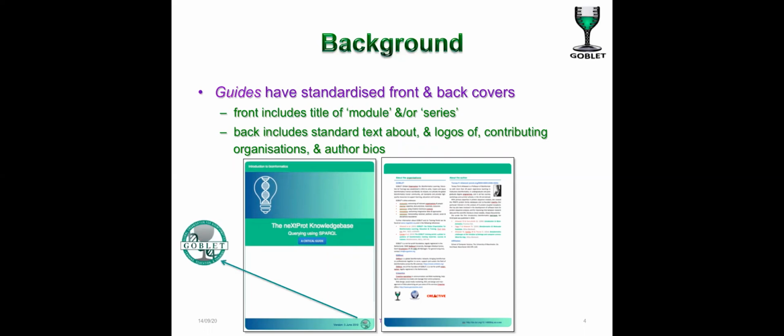I want to draw your attention to one key feature of the front cover, that it has a slightly different logo from the GOBLET's actual logo. And we thought this was important to differentiate that this is an endorsement. So this logo specifies that these materials adhere to this GOBLET standard.